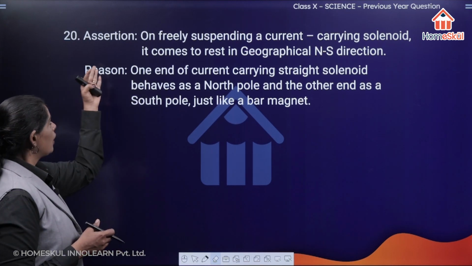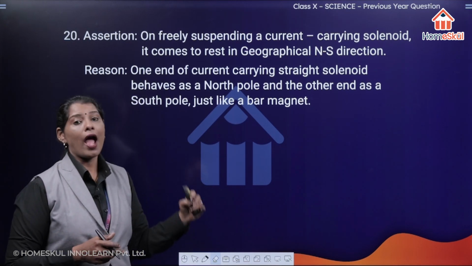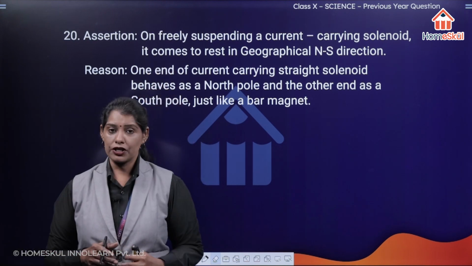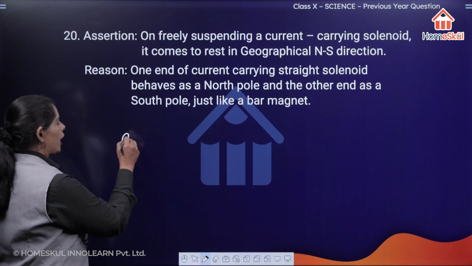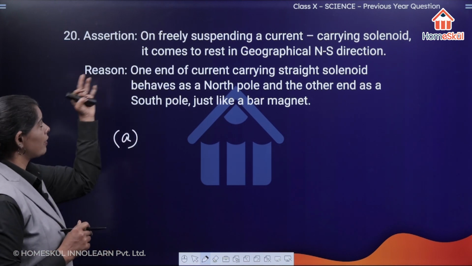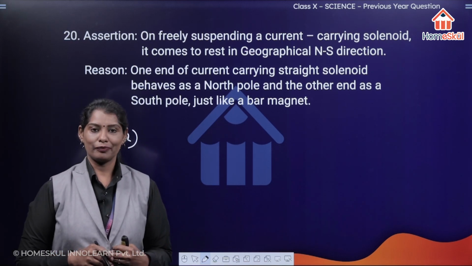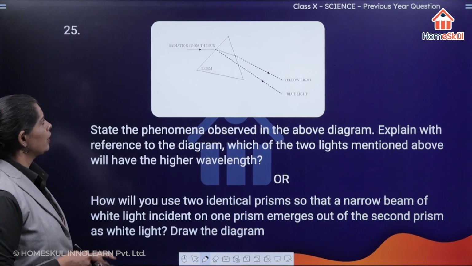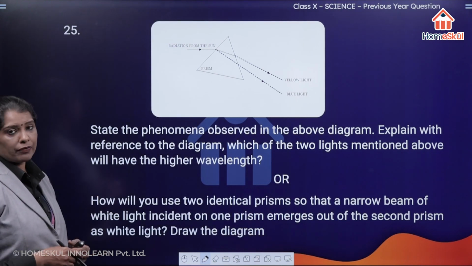Both assertion and reason are true, and the reason is the correct explanation for the assertion. So we have option A, which says that both A and R are true, and R is the correct explanation for A. Clear?